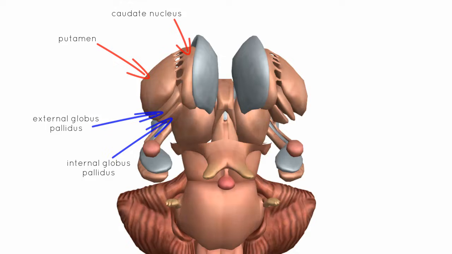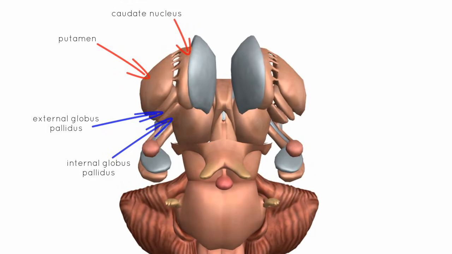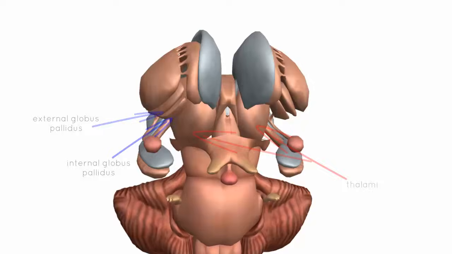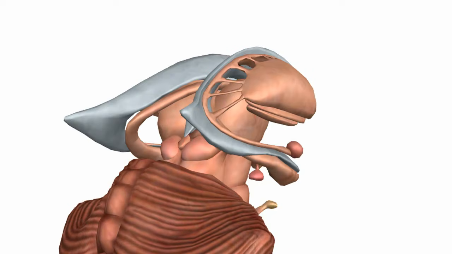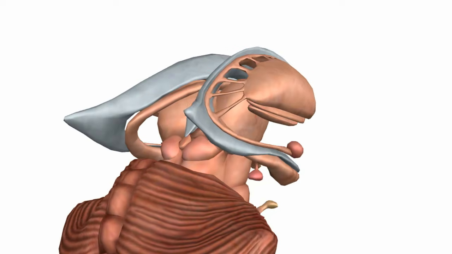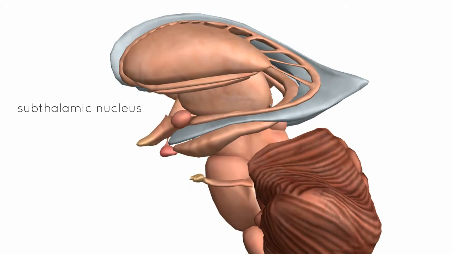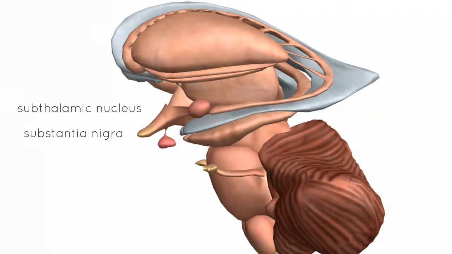And from this anterior view, which we're now looking at, you can see our structures from the diencephalon, the thalami. These sit medial to the globus pallidus. There are also two other components of the basal ganglia, which are the subthalamic nucleus and the substantia nigra, which I'll show you in another tutorial.